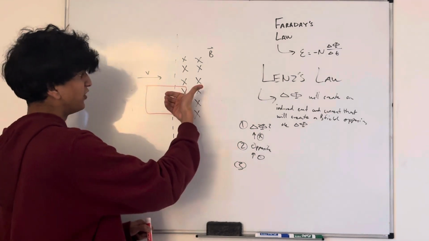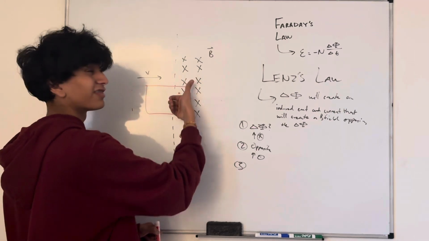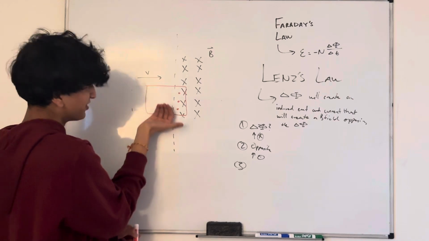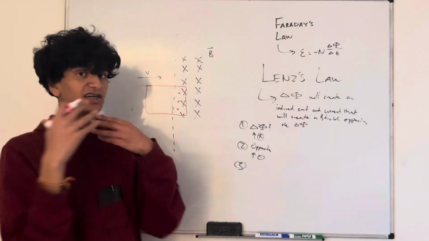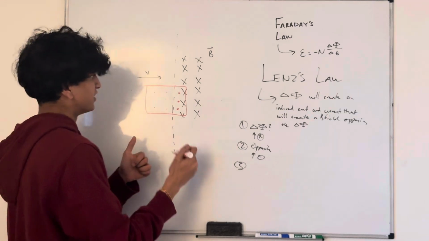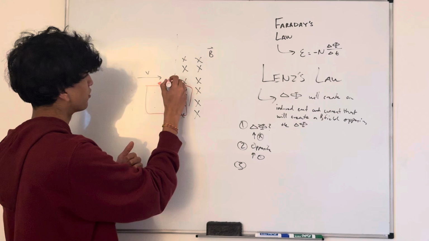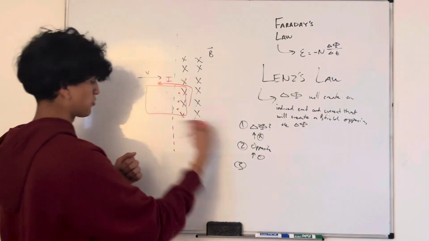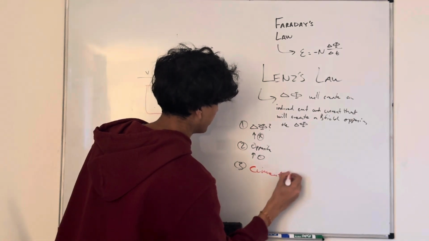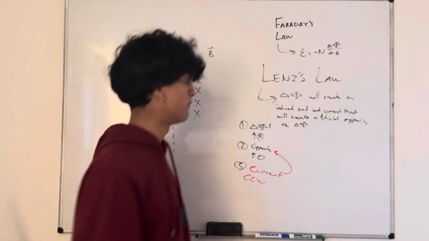That means my fingers are coming out of the page, and my thumb is pointing up. As it goes in this direction, all the magnetic field is coming out of the page, and there's going to be some here, here, here. So in order to get magnetic field coming out of the page, my induced EMF and induced current is going to be counterclockwise. So you have to find the current that will create the opposite, which in this case is counterclockwise.